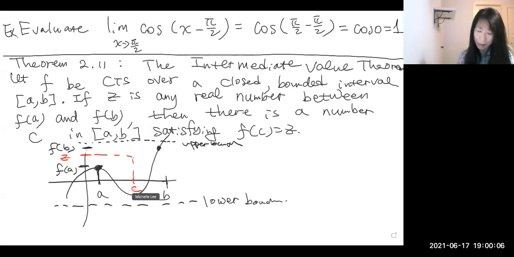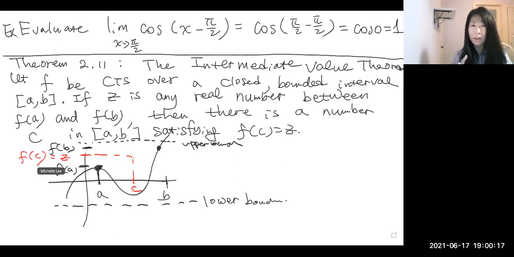C, all right? So f of C equals Z. That is the f of C. We call this the intermediate value theorem. So let us do one problem. Then we are done.